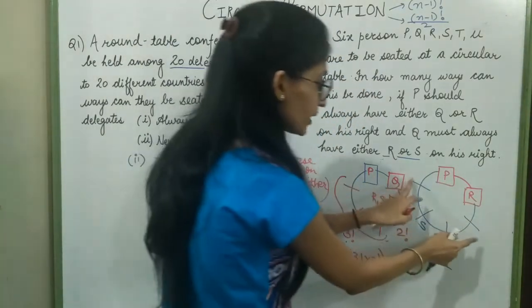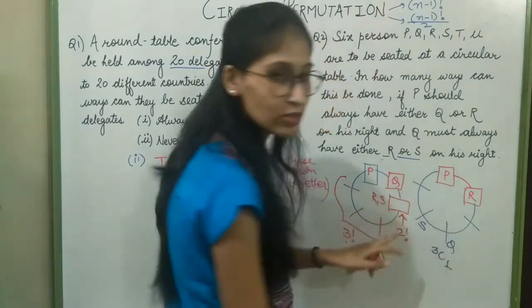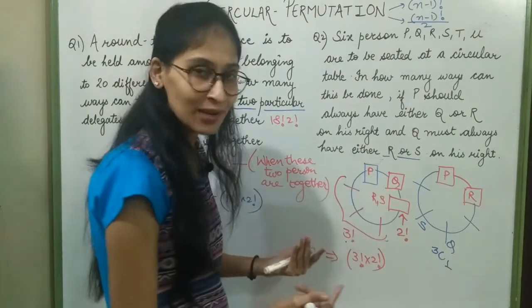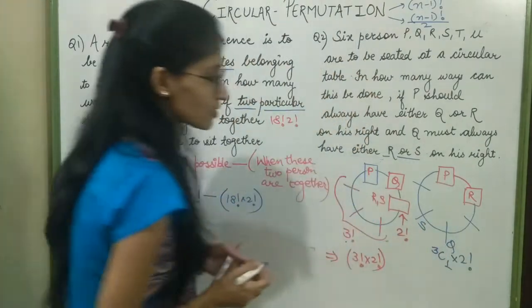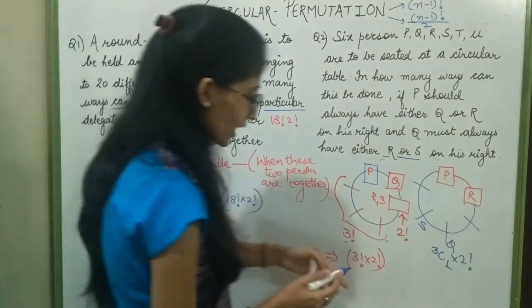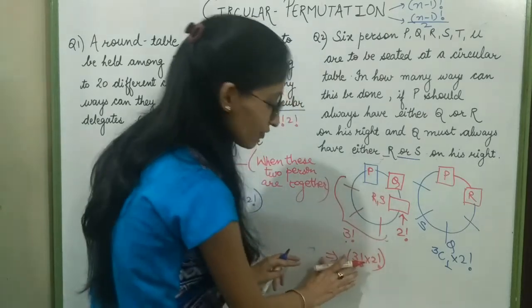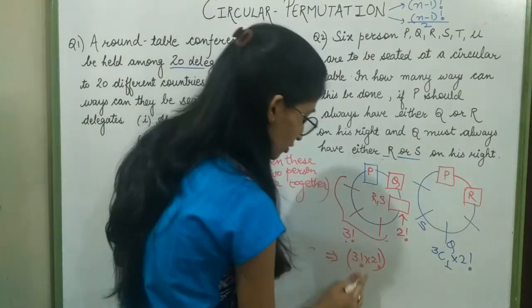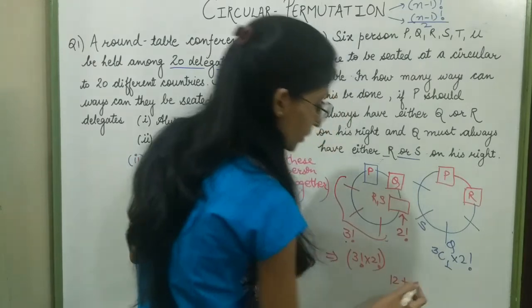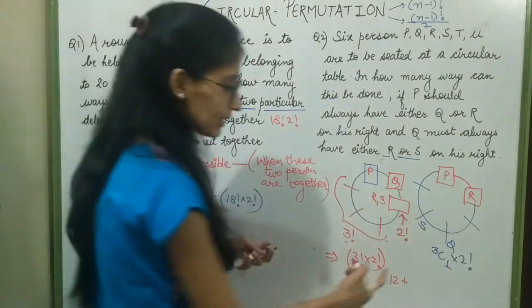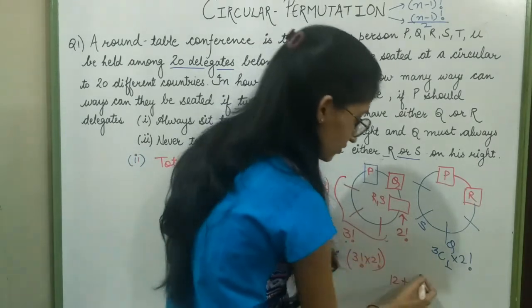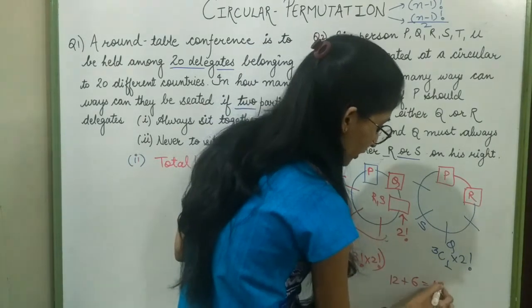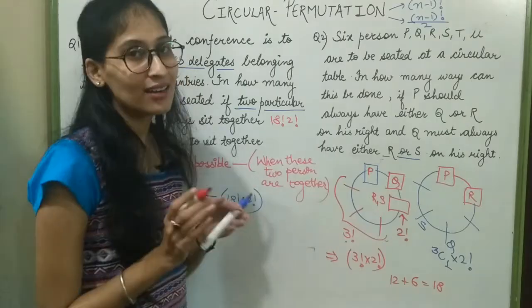Now I have to make seating arrangement for these two positions, and it can be done in 2 factorial ways. So my answer to the first case was 3 factorial, 6, 6 into 2, 12, plus for the second case 3C1 is 3 into 2 factorial, 6. So total possible sitting arrangements are 18.